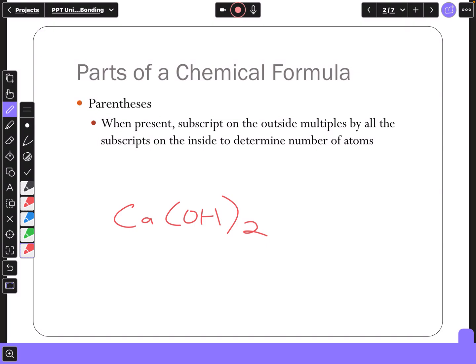And what that means is, in this case, we would have one calcium, and then the 2 on that multiplies by everything on the inside. So on the inside you have one oxygen, you have one hydrogen. Well, that would be 1 times 2, you'd have 2 oxygens, and 2 times 1, you'd have 2 hydrogens. There is a reason why we write it in this form right here that we'll talk about later on.